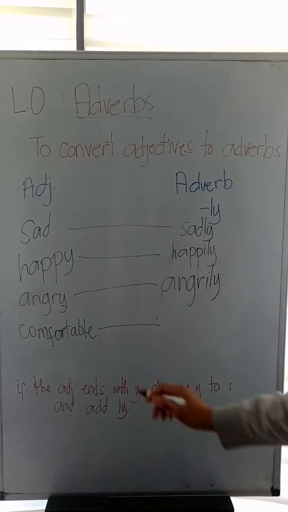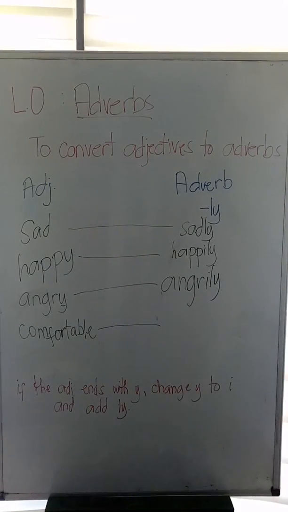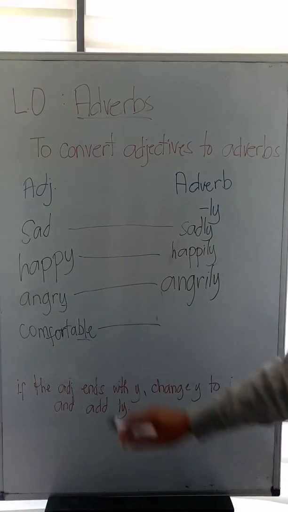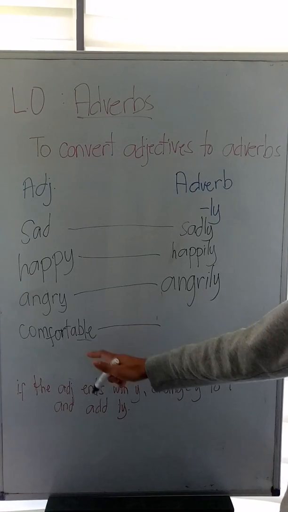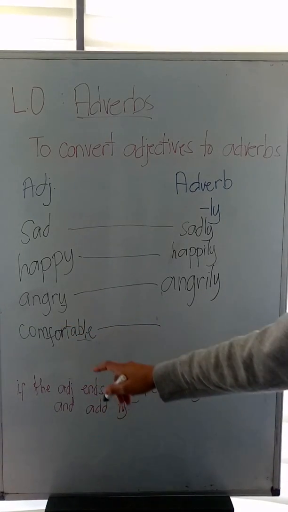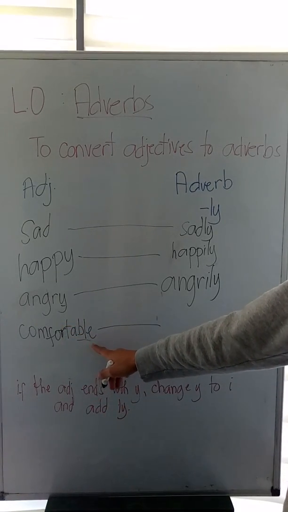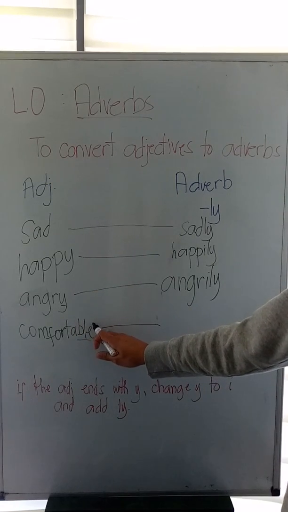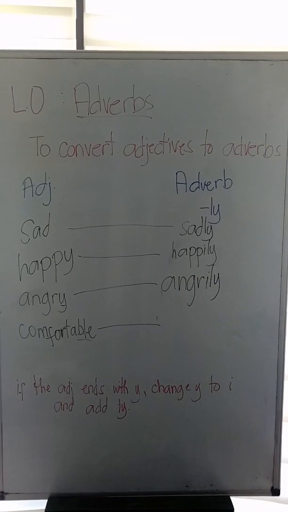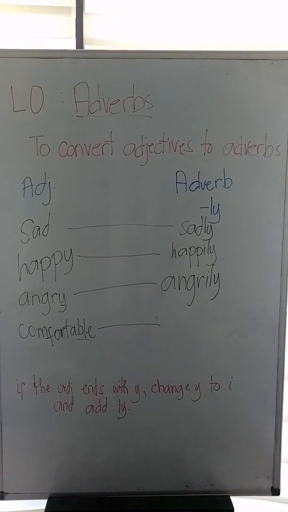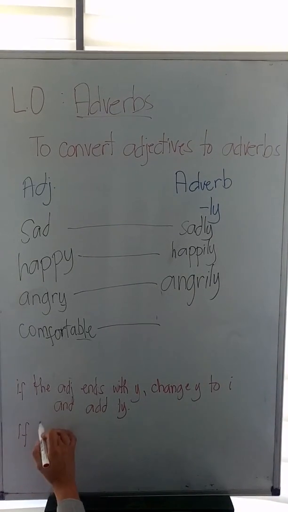Okay? Now for this one, we have comfortable. For comfortable, it ends with the suffix ble. If this is the case, if the adjective ends with the suffix ble, you just change e to letter y. So take note of that as well in your notepad.